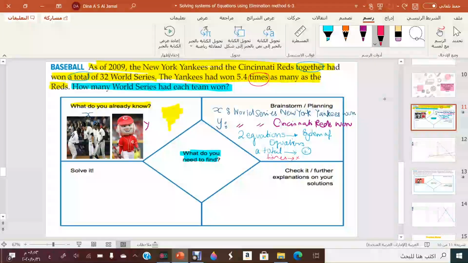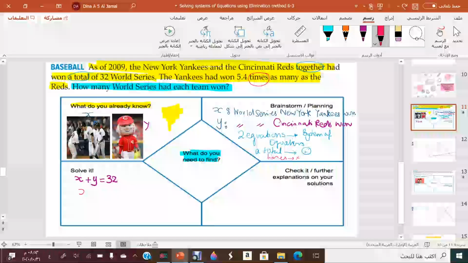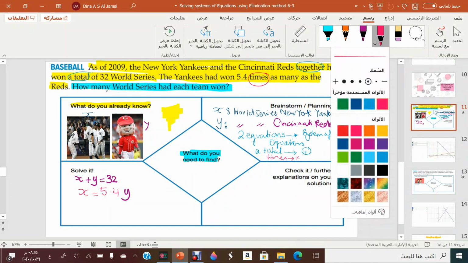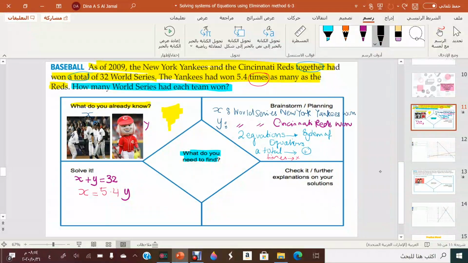So let's now build our equations. Both of them will be having a total of 32. Then he told you the Yankees, which is x, won 5.4 times as many as the Reds, which is y. And now you are having x alone.